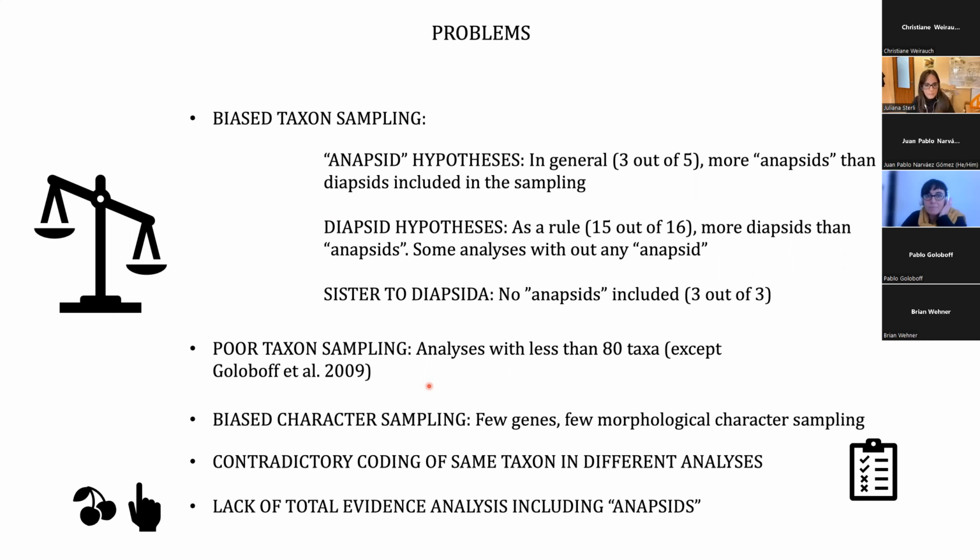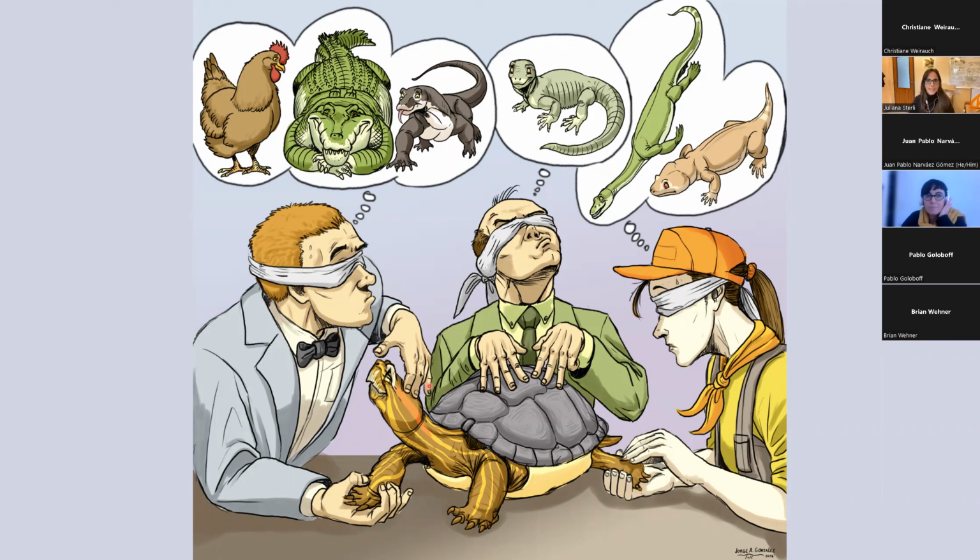So that's not so good. And of course, in the total evidence analyses, there is a lack of anapsid representatives. So I think we are in this situation, and that's a problem because all those phylogenies are used, and new studies are coming and are based on those phylogenies.